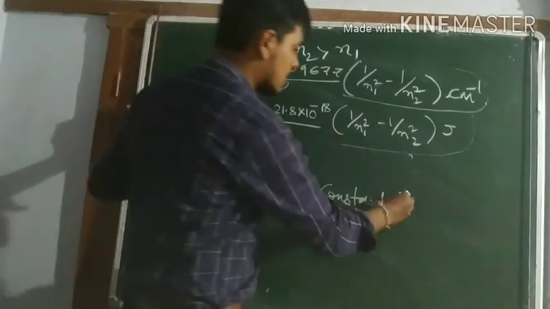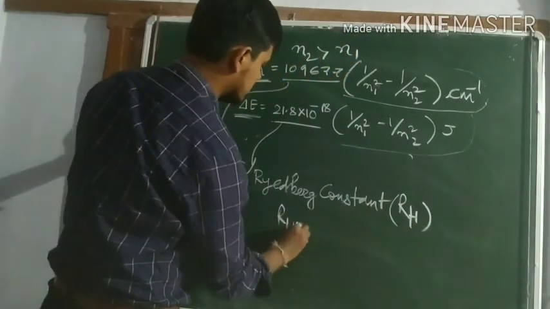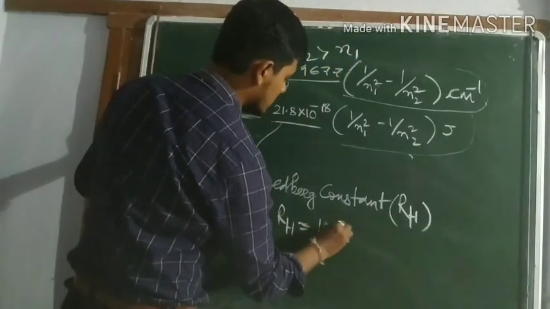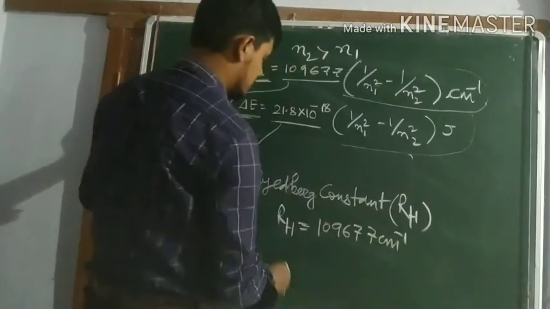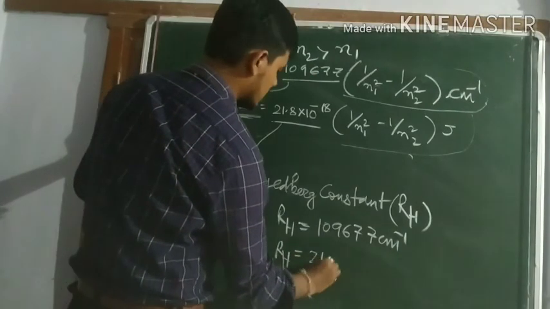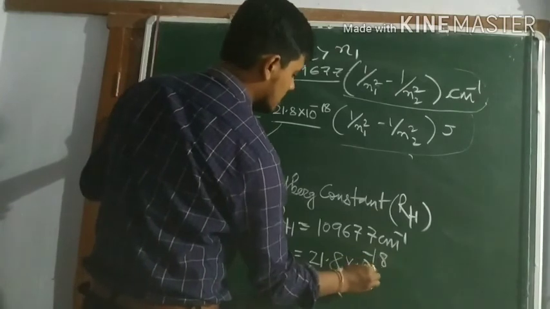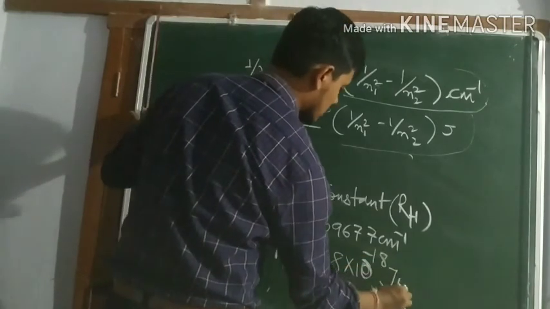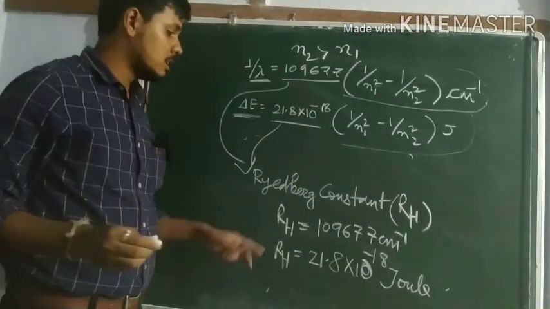So Rydberg constant RH is 109677 centimeter inverse, and RH is 21.8 into 10 to the power minus 18 joule. So we get two Rydberg constants.